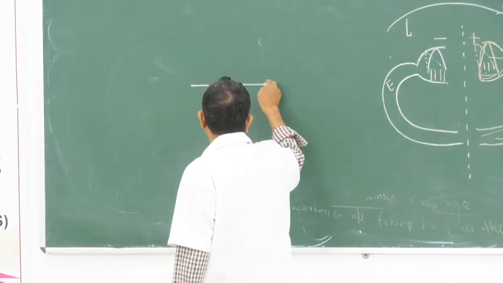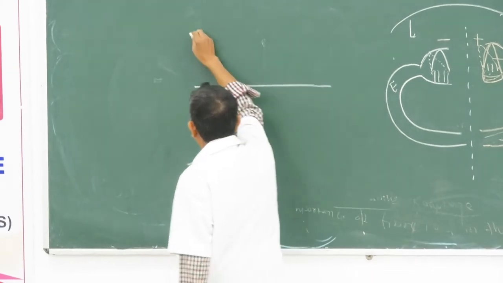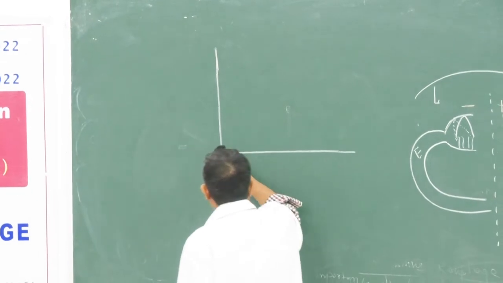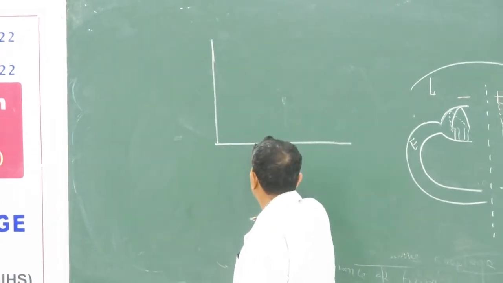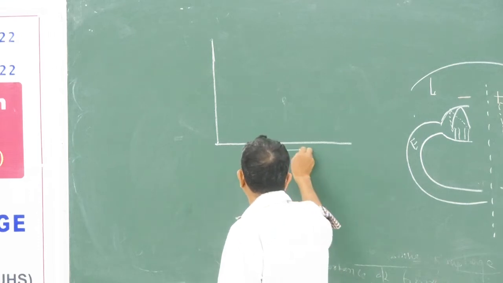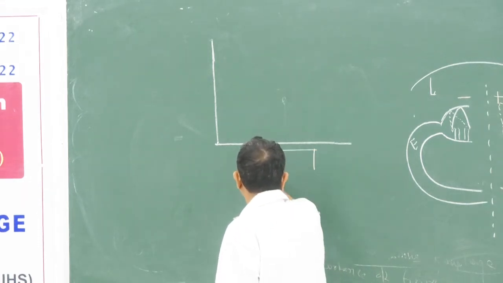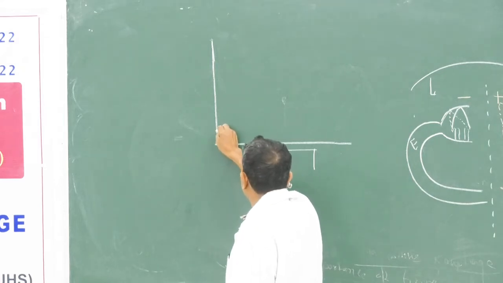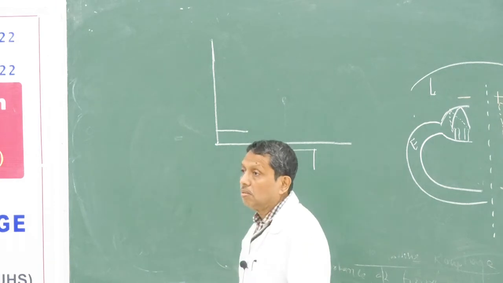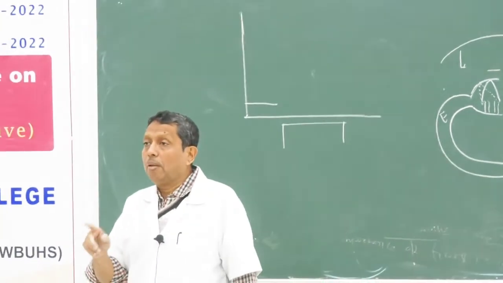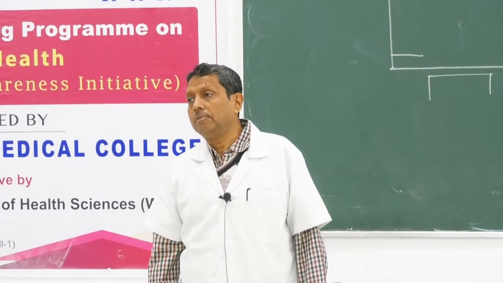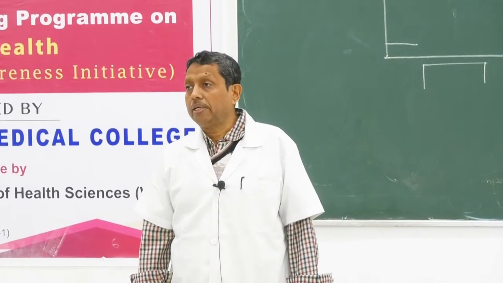Suppose in this case, it is the number of spikes or action potentials. Before any rotation starts, there is some action potential in the resting condition. In the peripheral nervous system, we have seen that during the resting condition there is no action potential, but here it is not so.